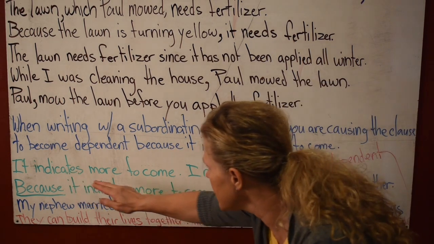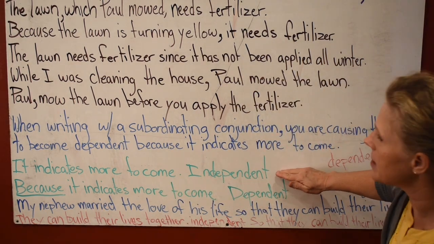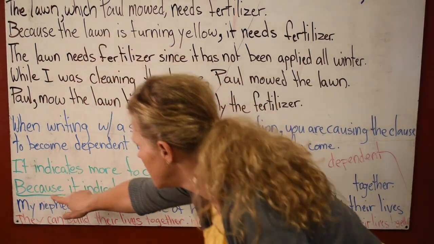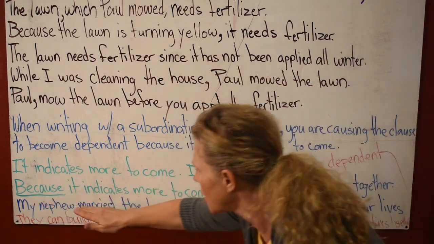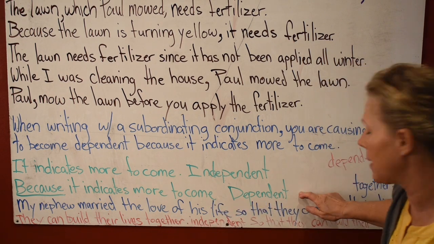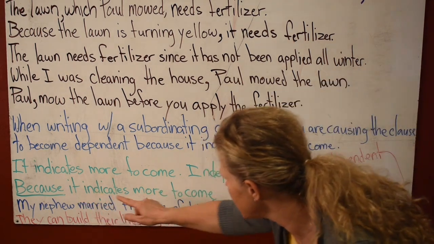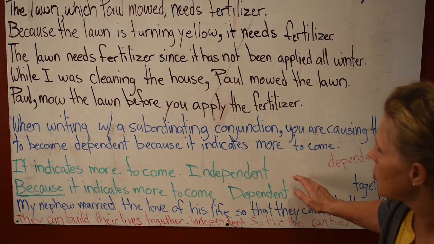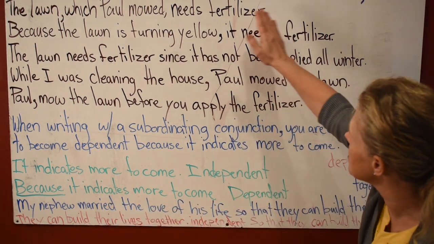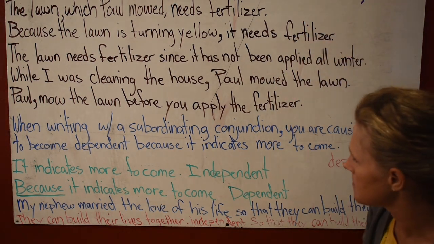It's independent because it doesn't have a subordinating conjunction. But once we put that subordinating conjunction, it has now become dependent because it indicates more to come. Do you see the difference? So just understand how you would use your commas in that.